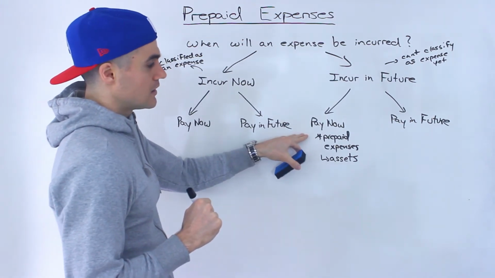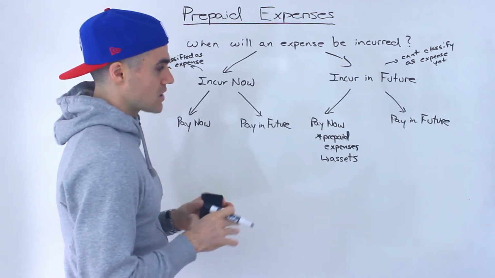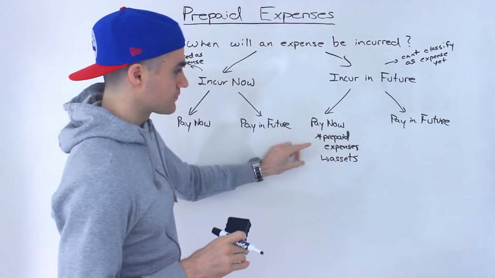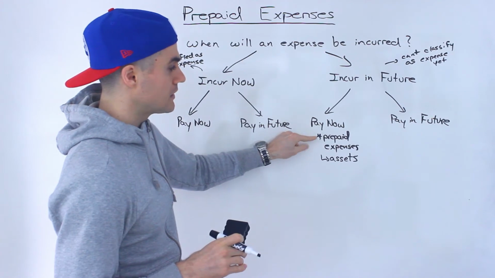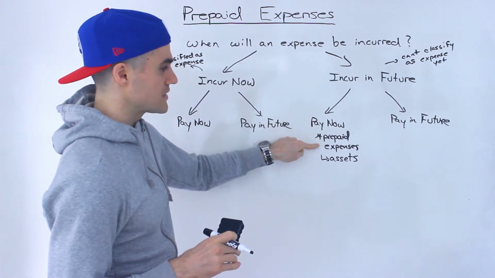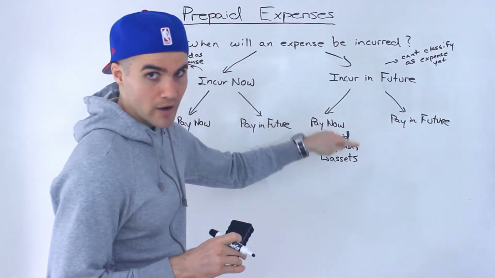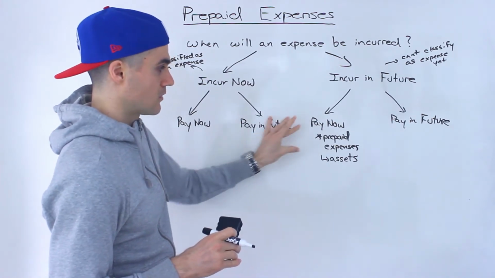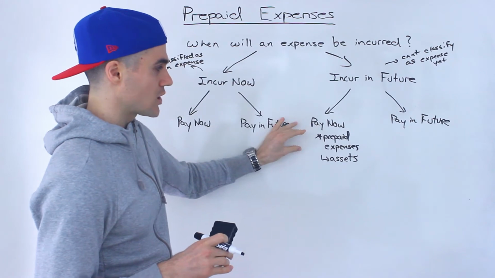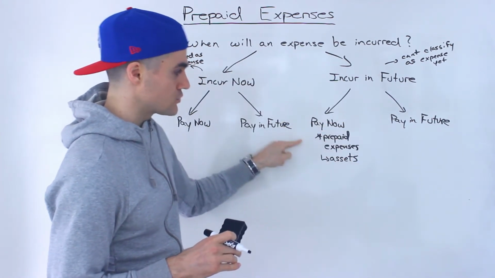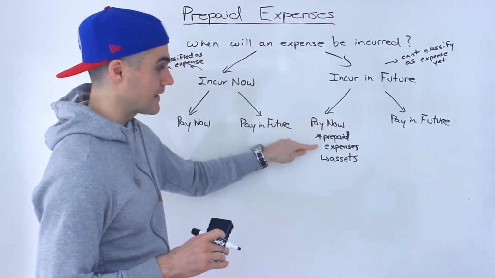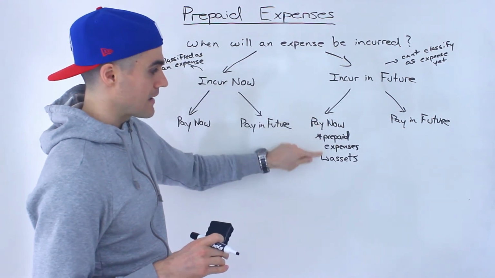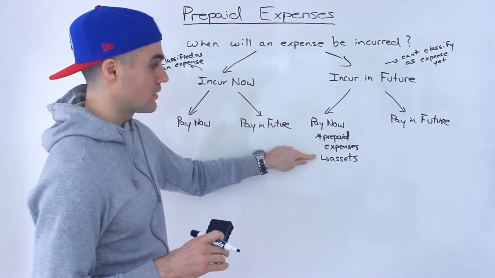And usually in financial statements on the balance sheet where assets are, it's going to be a little bit more specific, so it will say something like prepaid rent or prepaid advertising or prepaid insurance, right? Prepaid expenses is a little general, but if you do run into this terminology, prepaid expenses, that's not an expense, it's an asset. So you got to remember that.